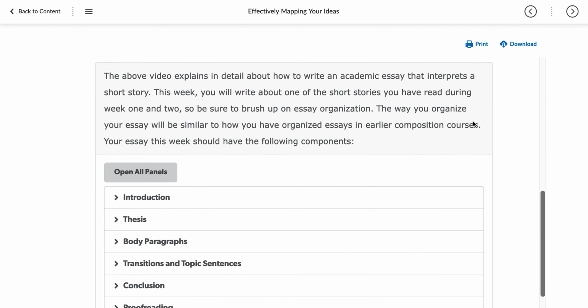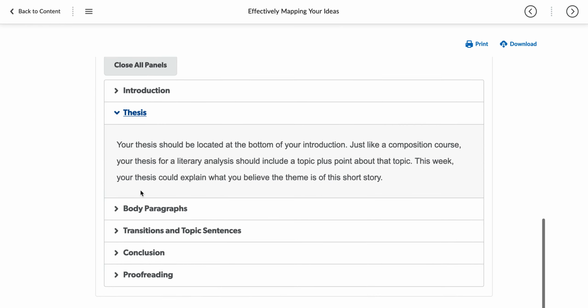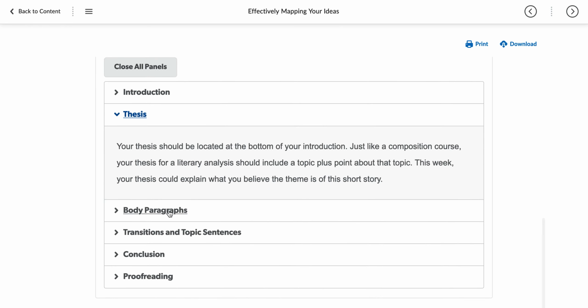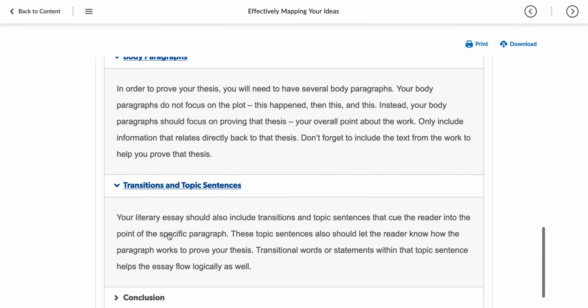Again, these readings this week give you some information about the writing process for an essay. Just like English 101, you're writing an introduction, a thesis statement as the last sentence of the opening paragraph, several body paragraphs that discuss the thesis, and transitions. And this is very important.